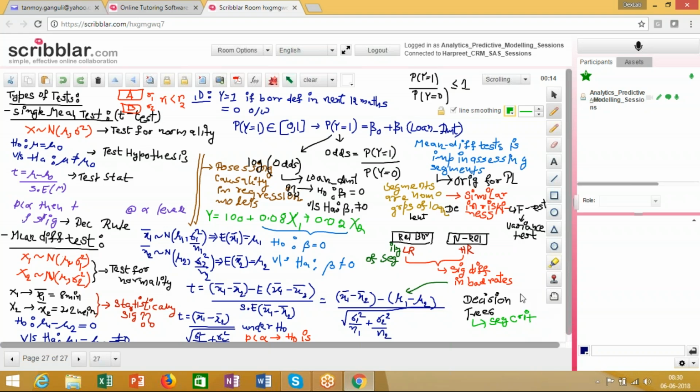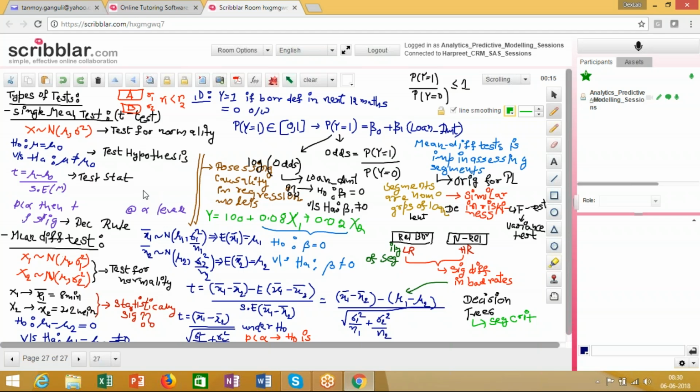Now comes the next part. When the segmentation criteria is created, the next thing we need to understand is whether the segments created are stable segments or not.